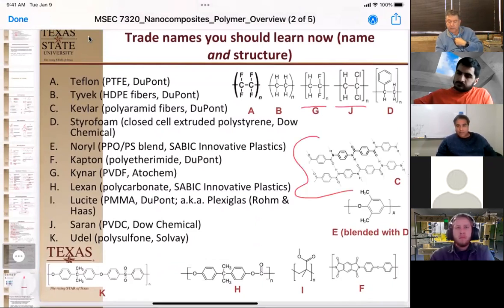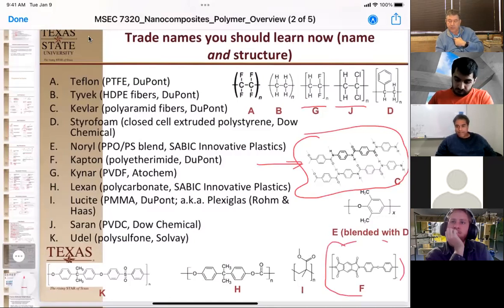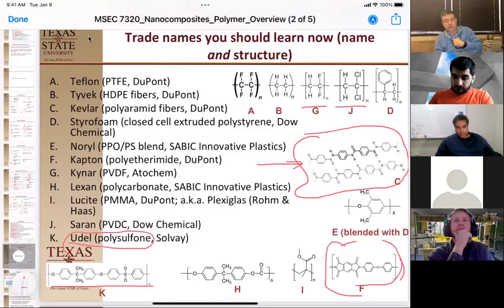We have this as our Kapton, as our Kevlar, and showing why it's so strong because of intramolecular bonding. And then this is our Kapton right here. And this is our polyether sulfoxide, the sulfone right here, Udel. All right.